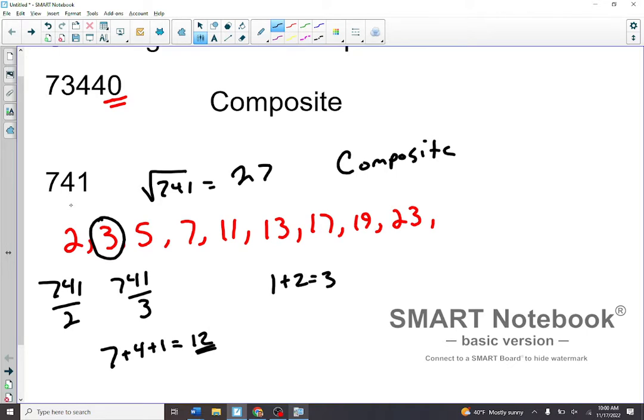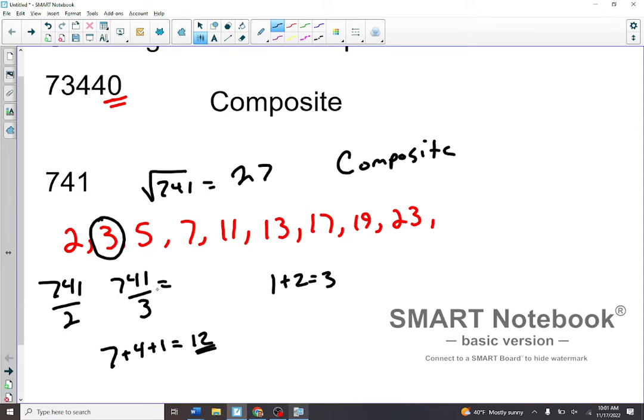So as soon as I figure out something's divisible by 3, I get my answer. So you could quickly tell at this point. Worst case scenario, you take your calculator, divide by each prime number, and check. It'll come out as a whole number. Yes, 741 divided by 3 is some whole number.